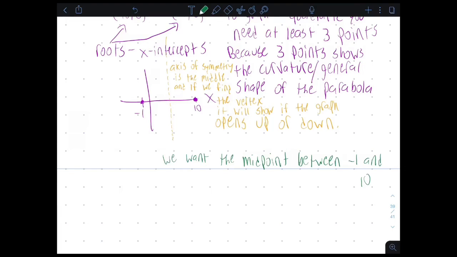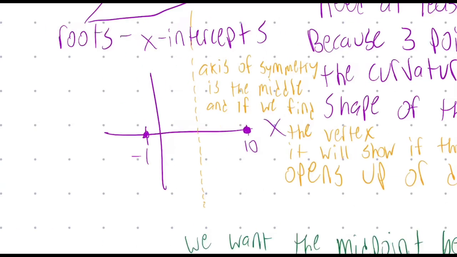It's kind of like the average. We're going to add the two numbers together and then divide by 2. So 10 plus -1 divided by 2. If we find the average between these two, it's going to put us directly in the middle. 10 plus -1 is 9, divided by 2 equals 4.5. So the midpoint between these is 4.5. That means this x value, where the axis of symmetry is, is 4.5.